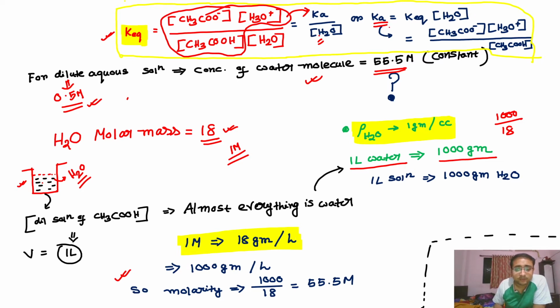Now this Ka, I have told you, is the concentration of the dissociated acetic acid times the concentration of the hydronium ion, divided by the concentration of the undissociated acetic acid. That is called the acid dissociation constant. This value will decide how strong or how weak the acid is.